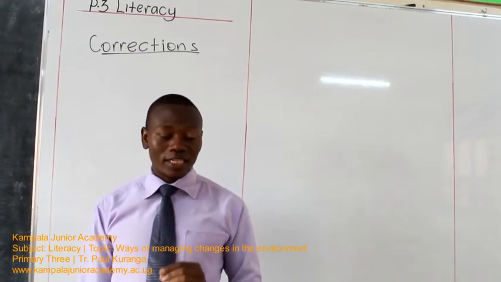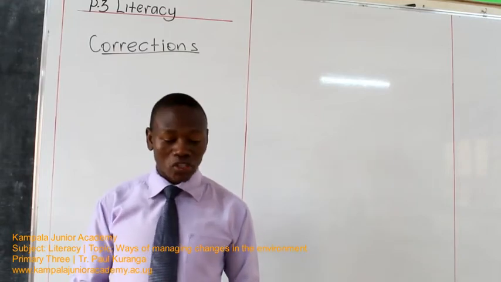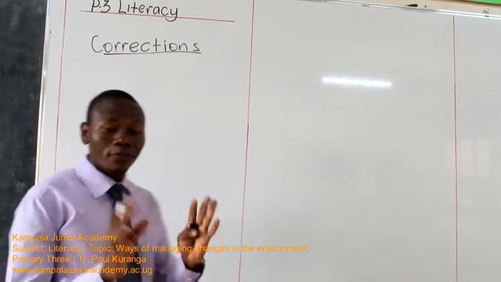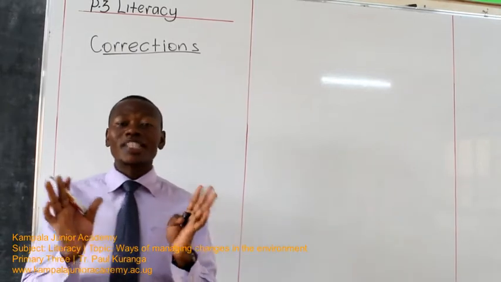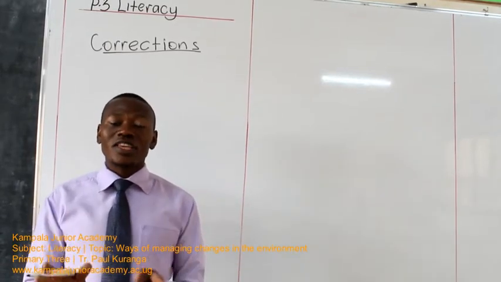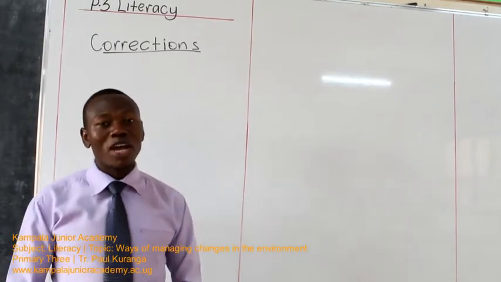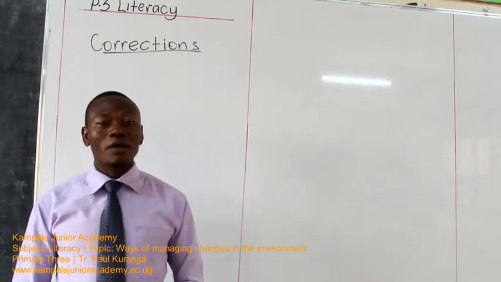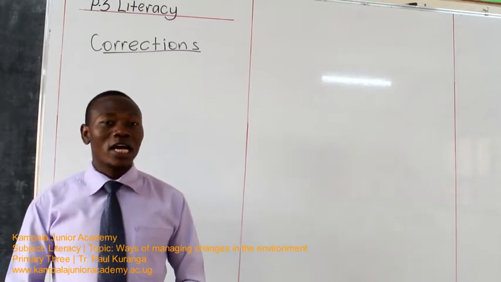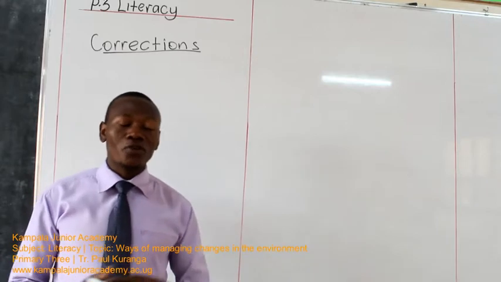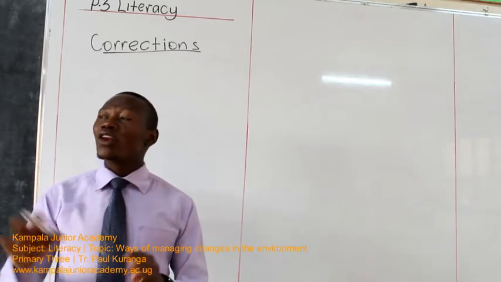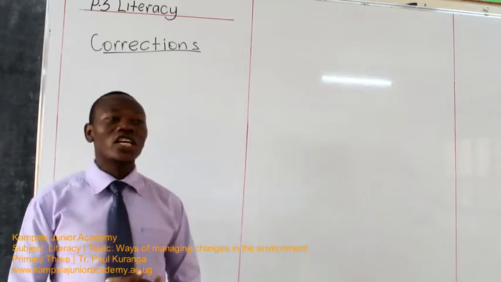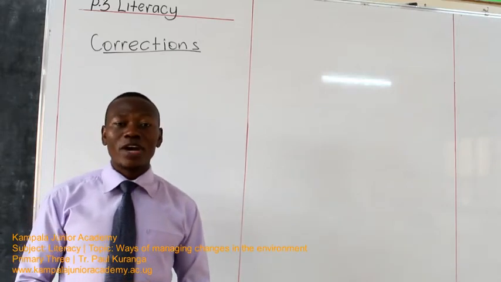So I left you with an activity which I want us to have corrections. And so we say artificial changes are changes, or these are things which are created by what? By people. I told you the other time to look outside where you're seated, through your window or through your door, and look at how man has changed his environment.